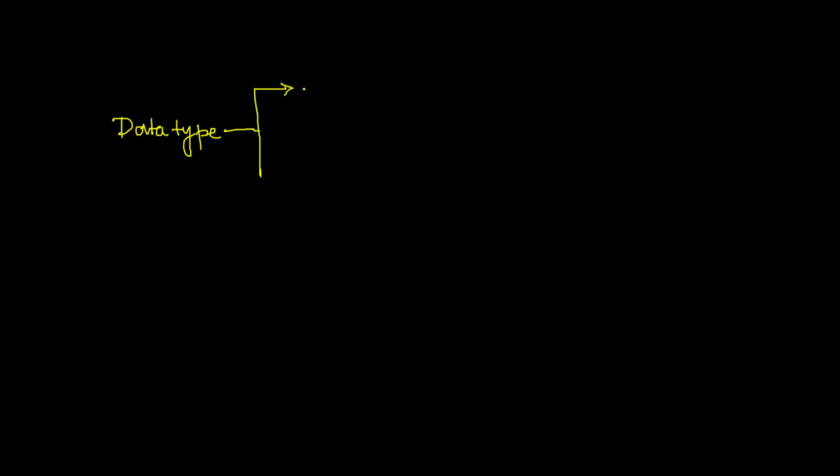One is called predefined data type, and one is called user defined data type. What does predefined mean? Predefined means how much memory it will occupy is defined.